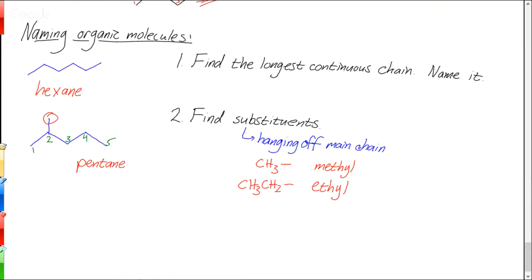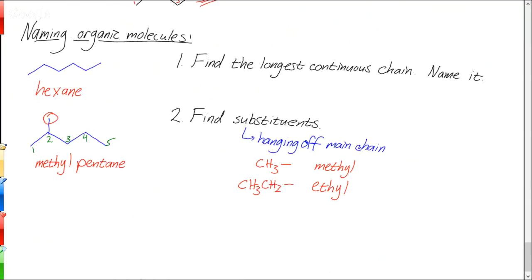And so on down the line. So we'd use those same root words of those names, but with a YL at the end. So propyl, butyl, pentyl, whatever it ends up being, that's the thing that's hanging off, and that's our substituent. So this particular substituent is a methyl, so this becomes methylpentane.